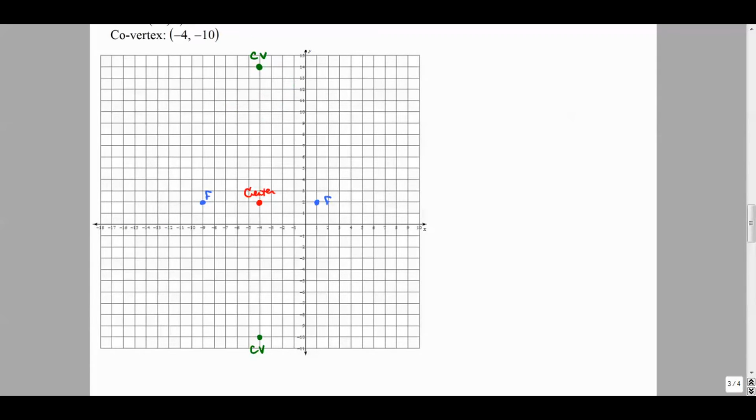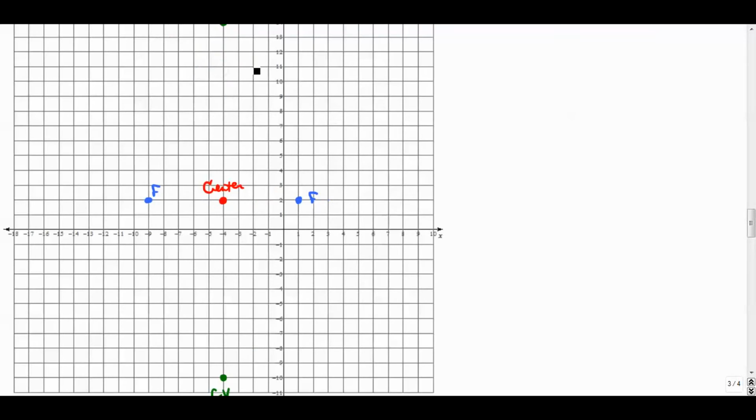So again, think about what it means to be this distance right here. That distance is 5. The letter that represents the distance from the center to a focus is lowercase c, and c is 5. The distance between the center and either of the co-vertices is lowercase b, and in this case that is 12.